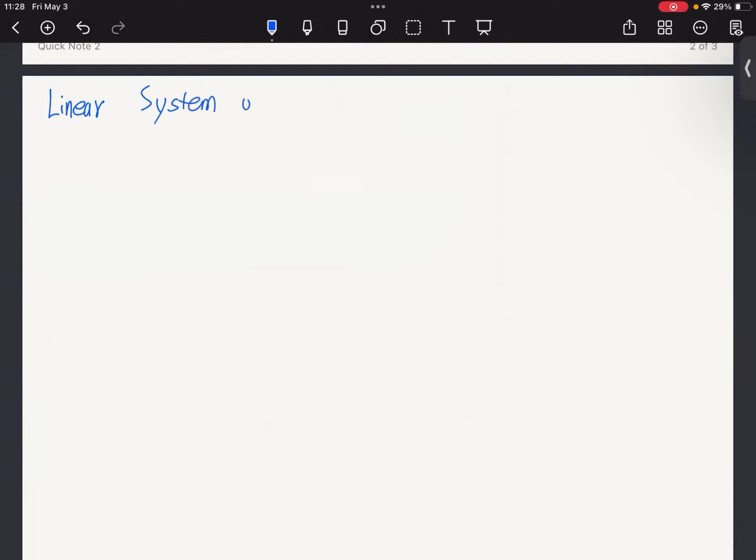First of all, I need to ask some questions. How many know Gaussian elimination? I know most of you have already learned this from the linear algebra class. If you know that, please raise your hand. Who knows Gaussian elimination?